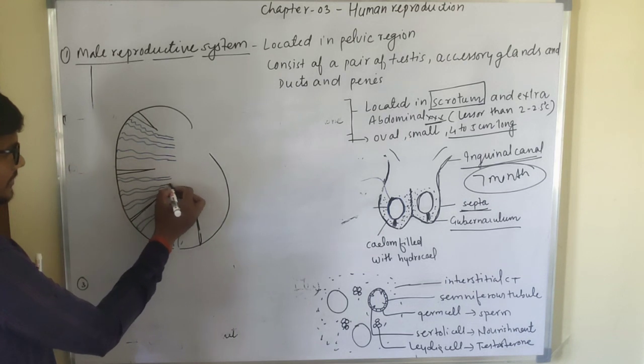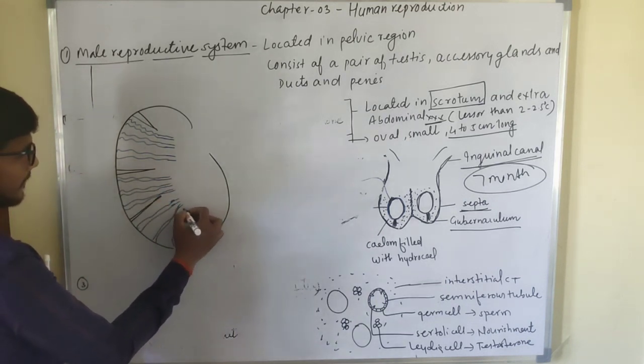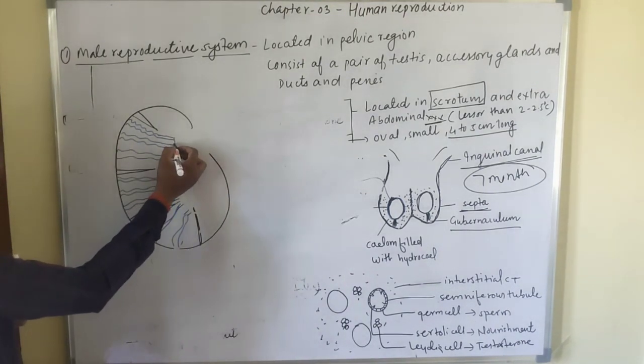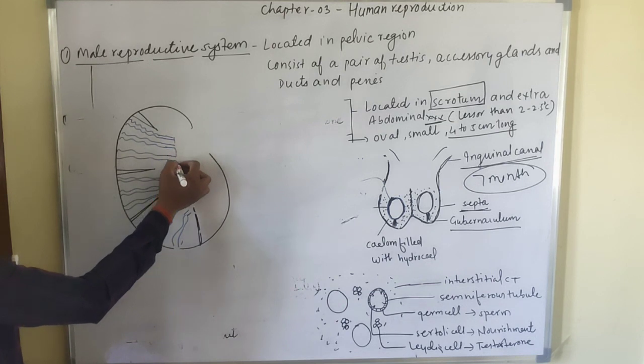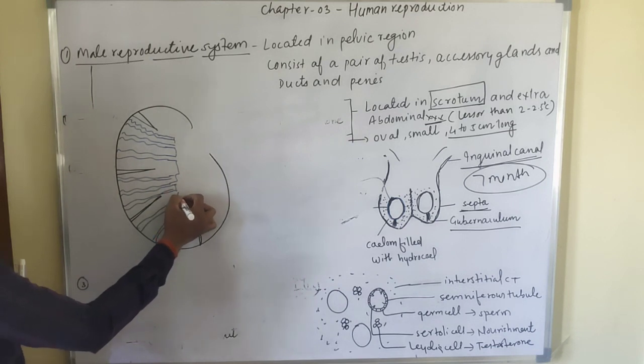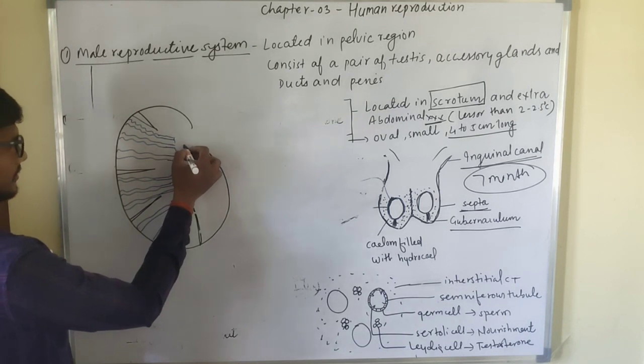Again up front these become straighter, and now this straighter portion joins here. It forms a particular cavity. Let's mention here, and once more.